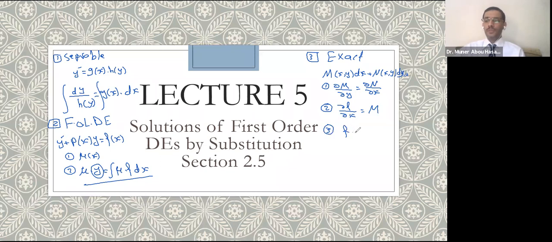So f will be the integral of M plus g of y, if you remember. Then to find g(y), you will write partial f by partial y equal N. Then you will get the function g, plug the value of g into step 3, so you will get f(x,y) equals c, the solution of the exact equation.